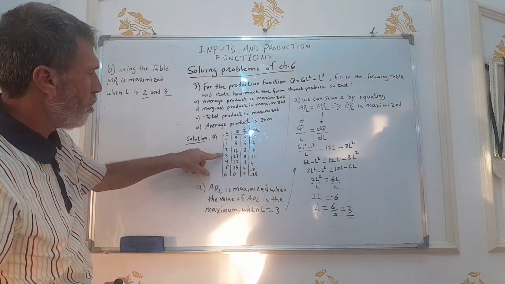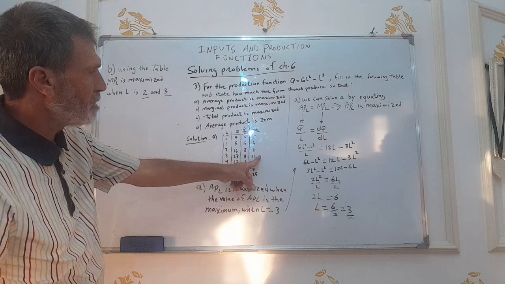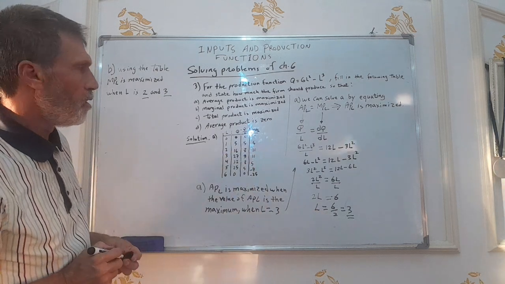So when L equals 2 or 3, we get the maximum value of marginal product of labor.